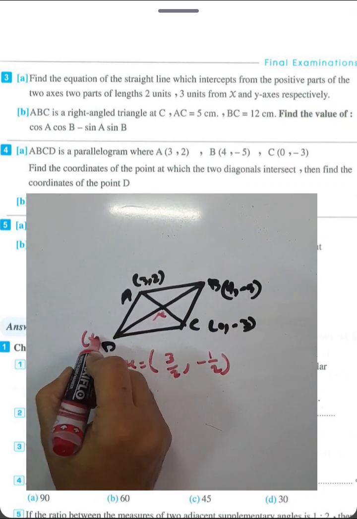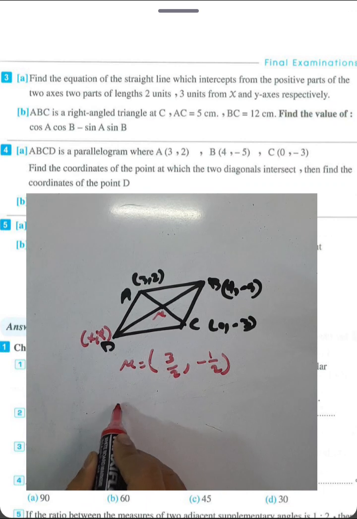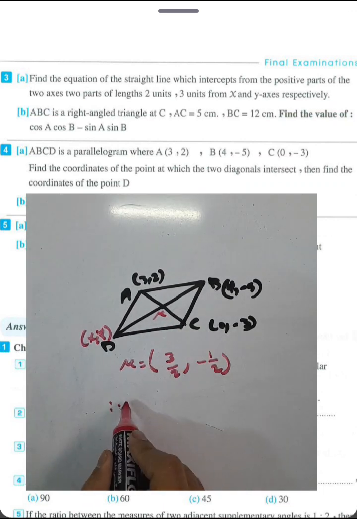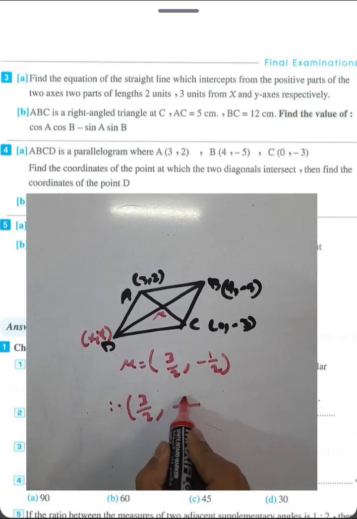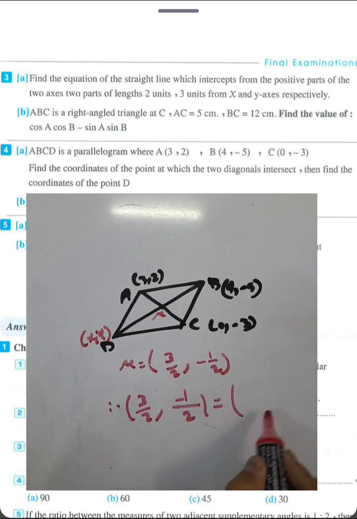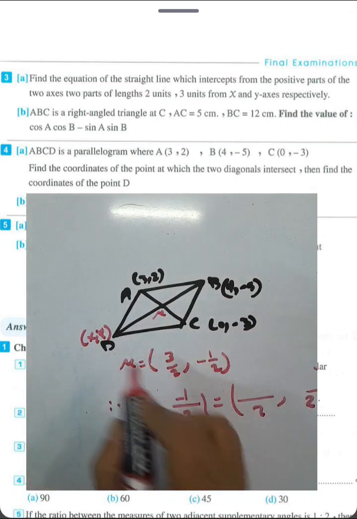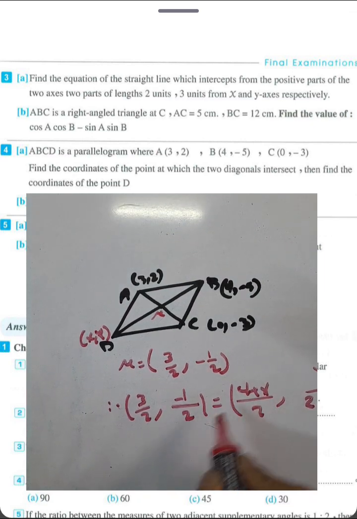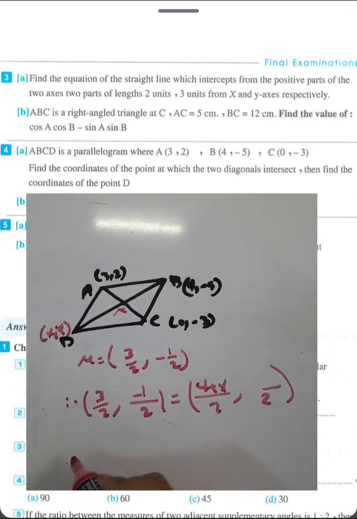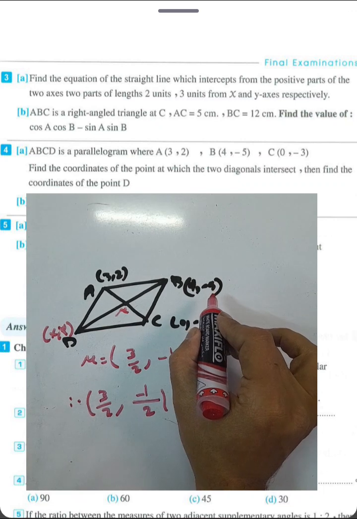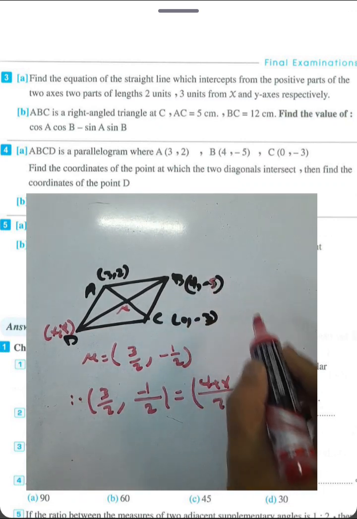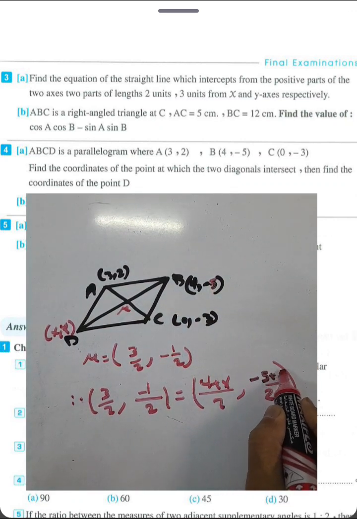I will put x and y as the coordinates of D. Then the midpoint M, 3 over 2 and negative half, equals 4 plus x over 2 and negative 5 plus y over 2.